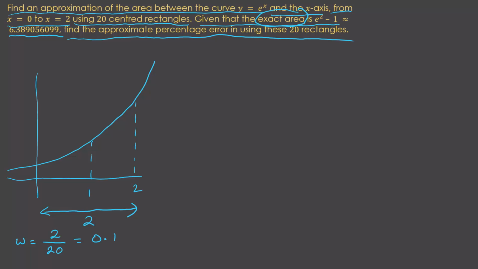If we zoom in just on the first couple of these, so 0, and then the next one would start at 0.1 and go to 0.2. And the height of the first one, if it's a centered rectangle, would be taken at 0.05.